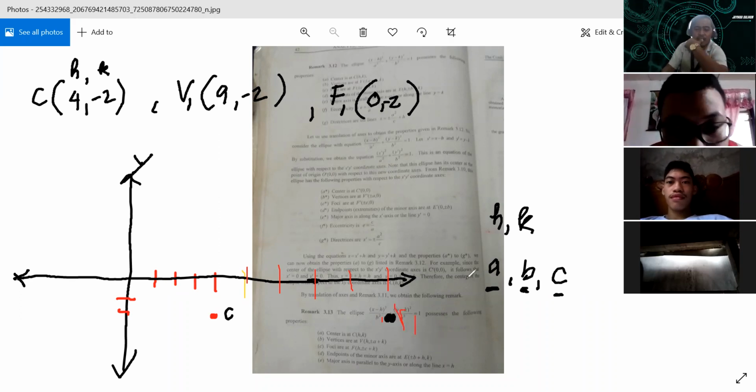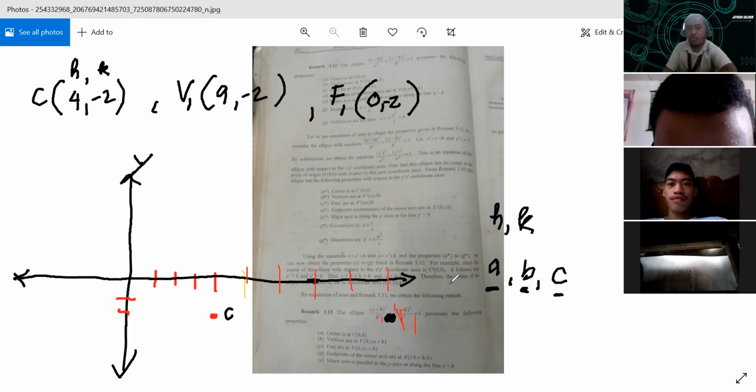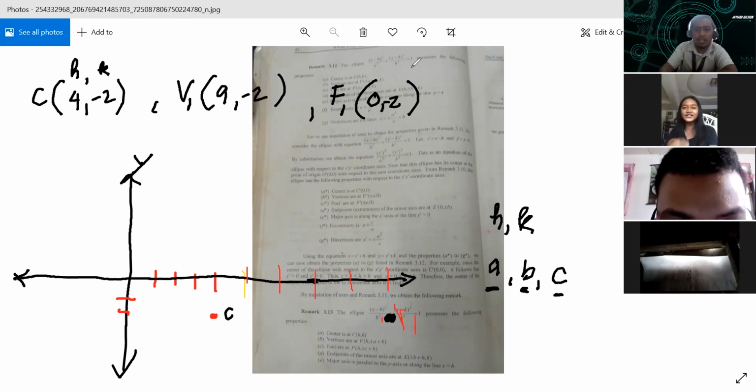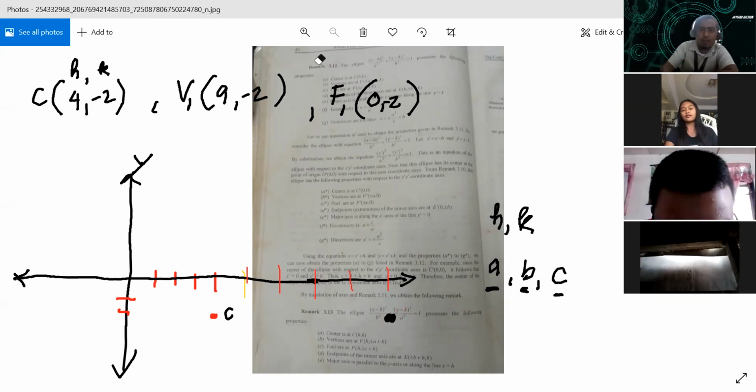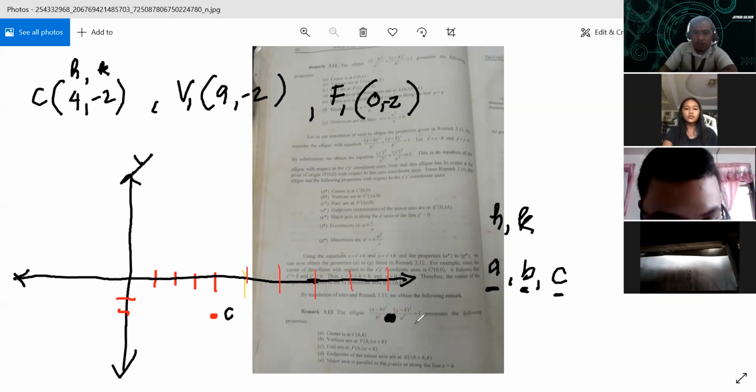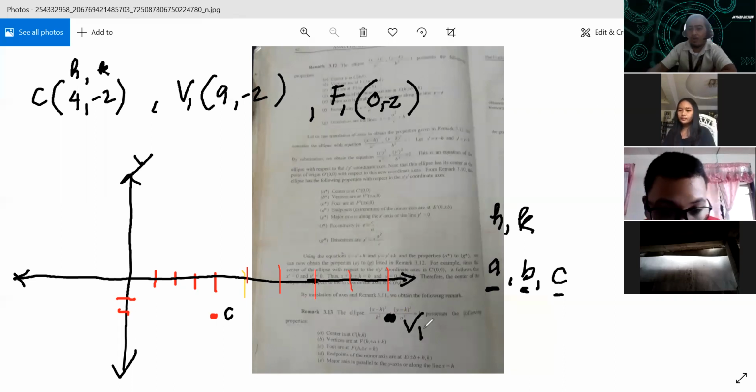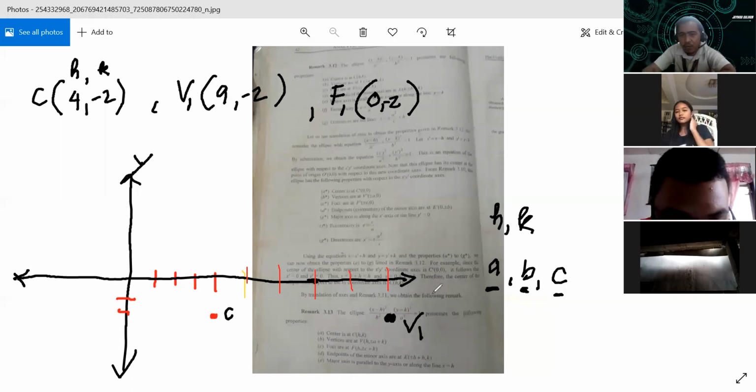Kanino? Jessa? Naka-mute si Jessa? Sir, wala, sir. Sorry, sir. Wala na akong na-unmute. Okay. Very good. This one is your vertex 1, sir.